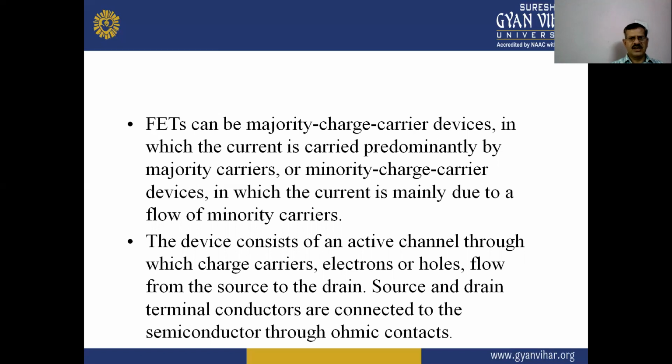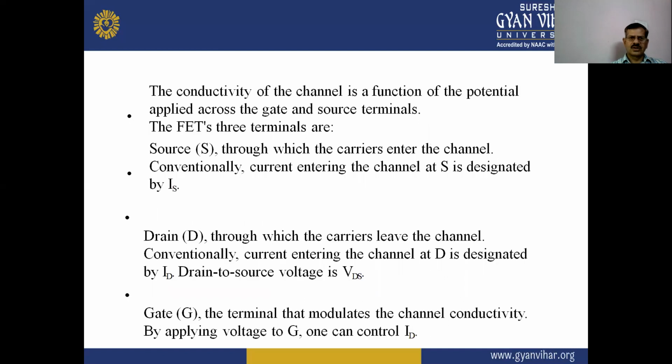In the FET, the device consists of an active channel through which charge carriers, electrons or holes, flow from the source to the drain. Source and drain terminal conductors are connected to the semiconductor through ohmic contact.